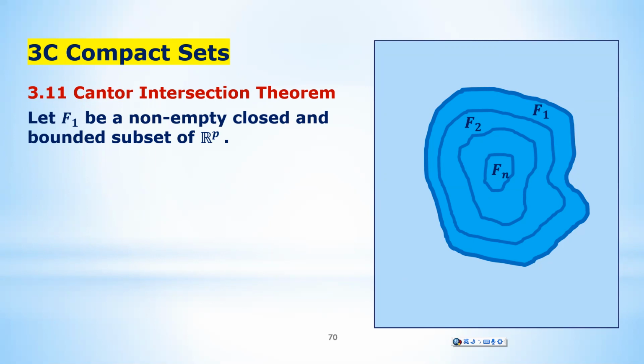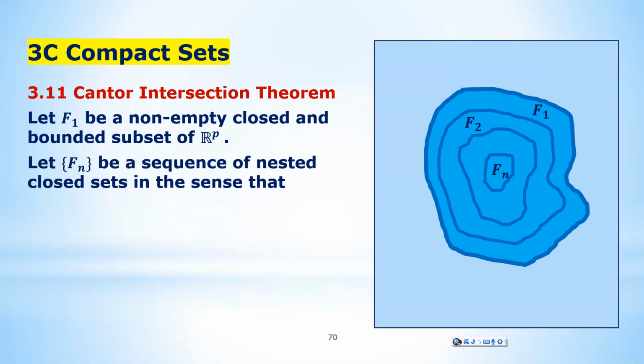But here we replace the closed cell by a closed set, so we are putting some restriction on the first one. That means F1 has to be non-empty. If you have the empty set, then there's nothing you can talk about. And we assume that F1 has to be a bounded closed set. Now let Fn, starting from F1, be a sequence of nested closed sets in the sense that F1 contains F2, contains F3, and so on, shrinking.